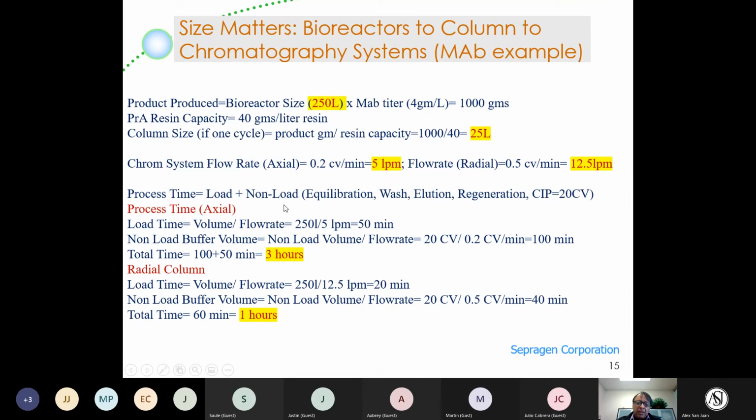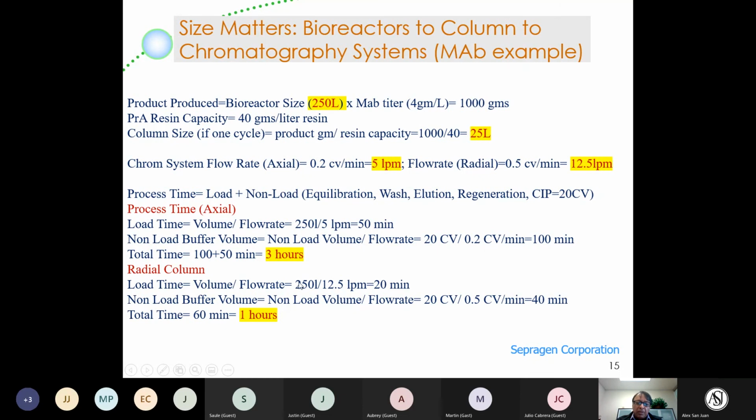The non-load steps are equilibration, wash, elution, and regeneration or CIP, and these are typically about 4 bed volumes each, so you'd say 20 bed volumes of non-load. Looking at the process time, the load volume of 250 liters at 5 liters a minute is 50 minutes, and the non-load volume of 20 bed volumes divided by 0.2 CV per minute is 100 minutes.